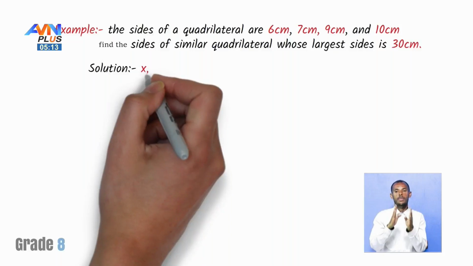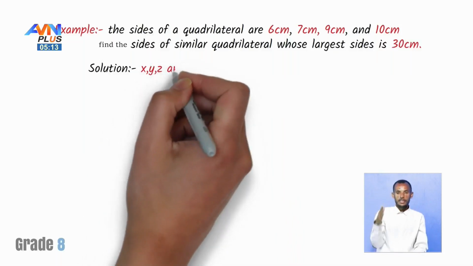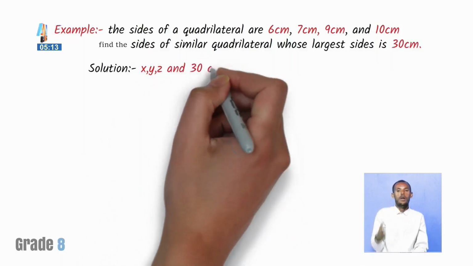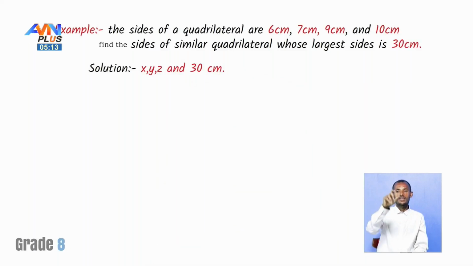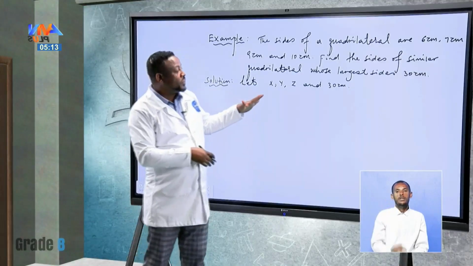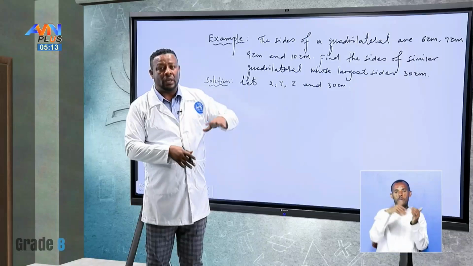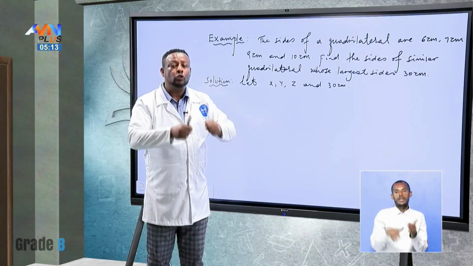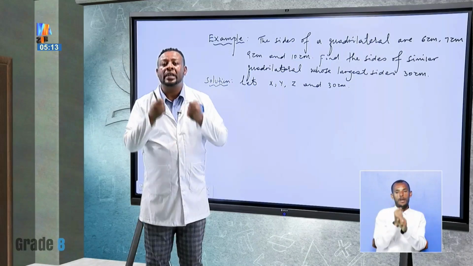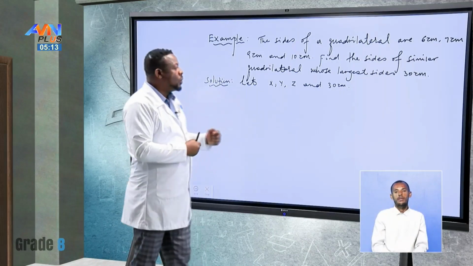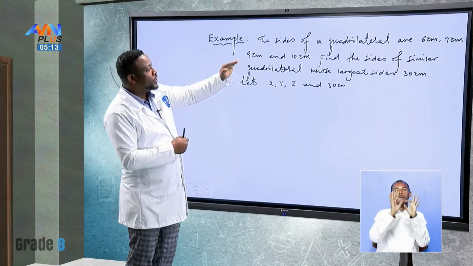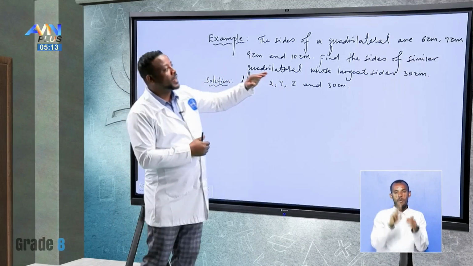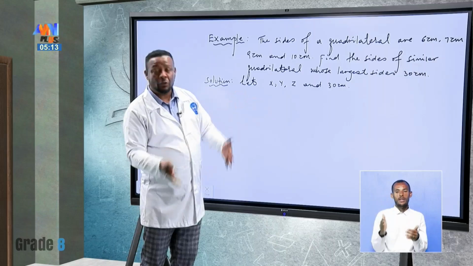Let the sides of the unknown quadrilateral be X, Y, Z, and the largest one is known, which is 30 centimeter, right? You can represent all the unknown sides by a certain variable, X, Y, Z. Then the next step is you need to properly apply the condition for similarity, right? So by definition, the ratio of the corresponding sides must be the same.